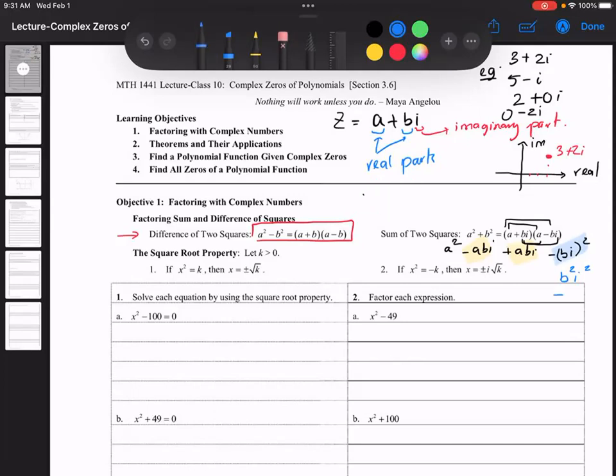So I have negative b times i squared, and with the negative in front it becomes positive b squared. So your answer will be a squared plus b squared. Of course, I'm just showing you that it's true. It's not something that's going to be on your exam. You don't have to write that down.